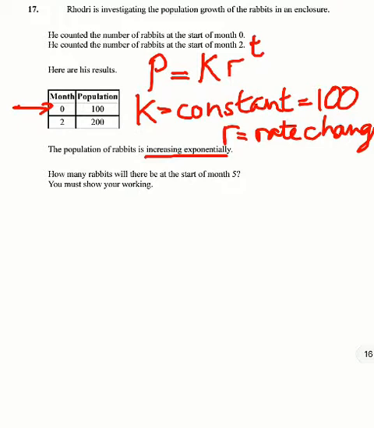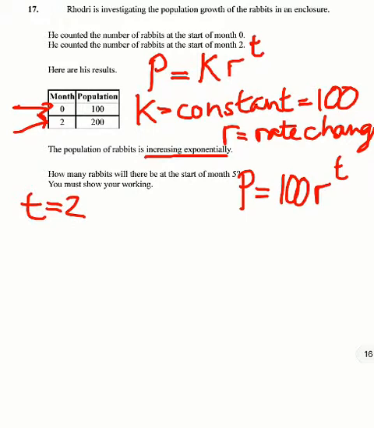So we've started with an equation that has P, the population, equal to 100, our starting point, multiplied by some sort of rate of change to the power of T. And we need to use this to find out how many rabbits there will be at the start of month 5. Now we know that when T equals 2, which is month 2, Rodri found that the population was equal to 200 rabbits.